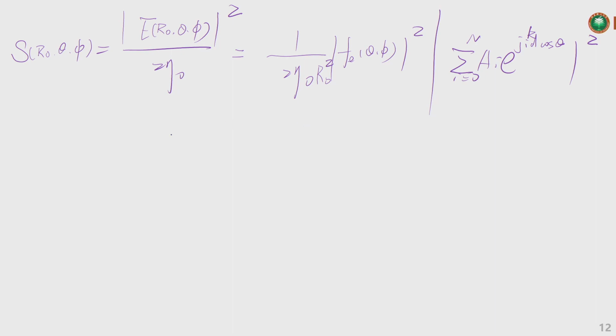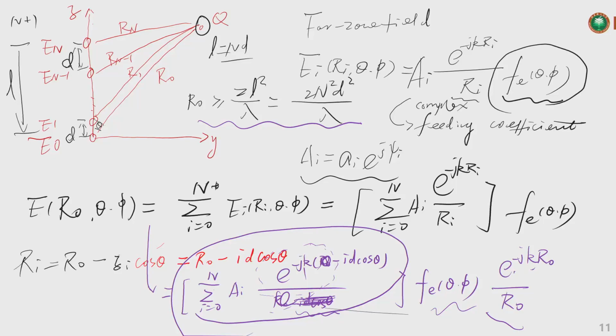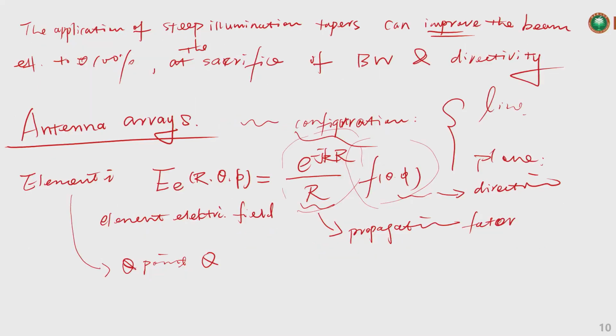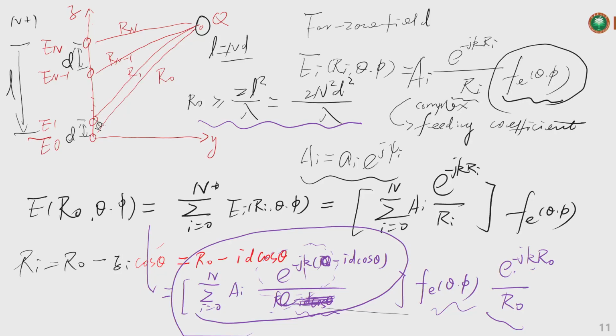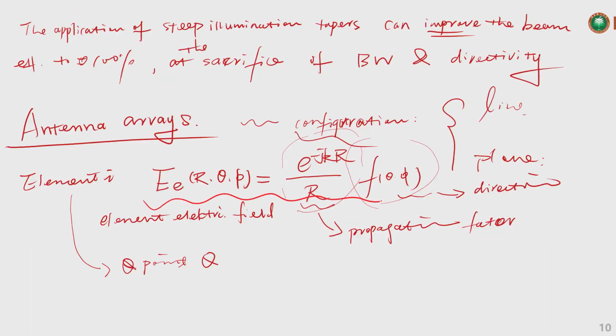Then look at this part. All the elements have the same values, and this part is constant, the power density of the energy radiated by... this one, right?